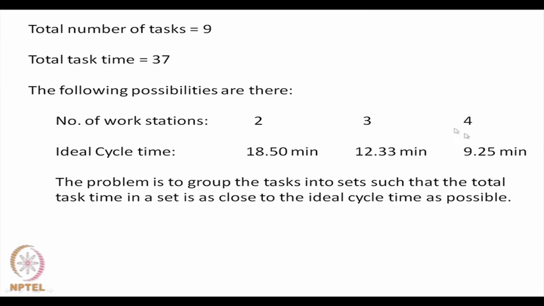That is 37 divided by 3, and 37 divided by 4. So, it appears that if we go for 3 workstations, we can get the required output. The question is how to group the operations into each of these 3 workstations.